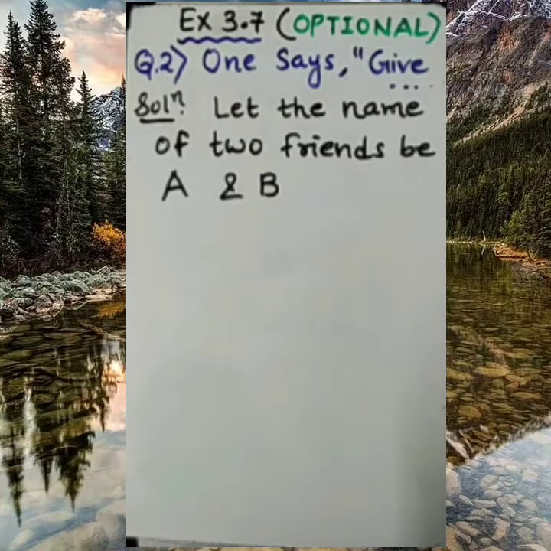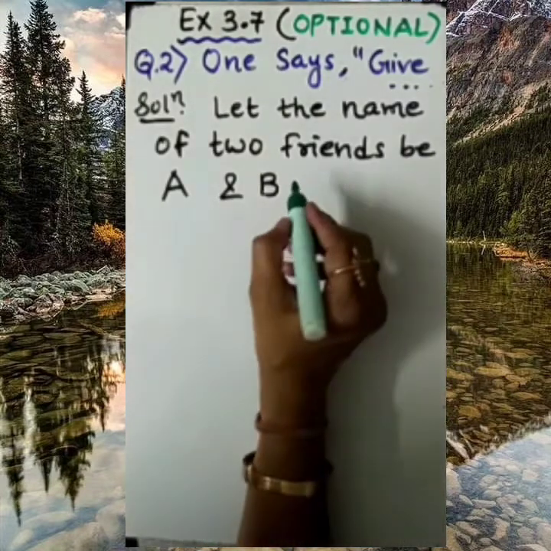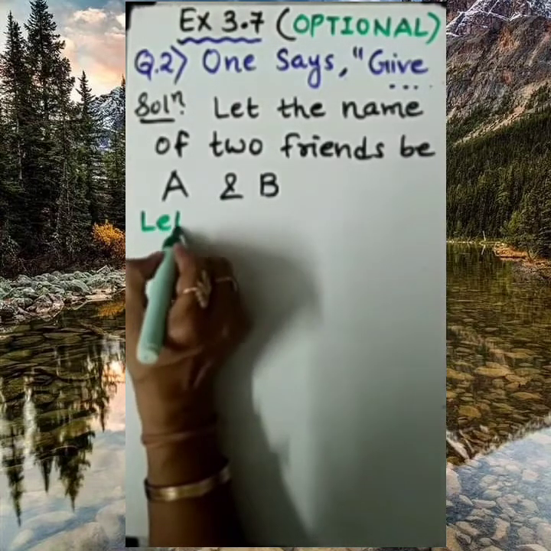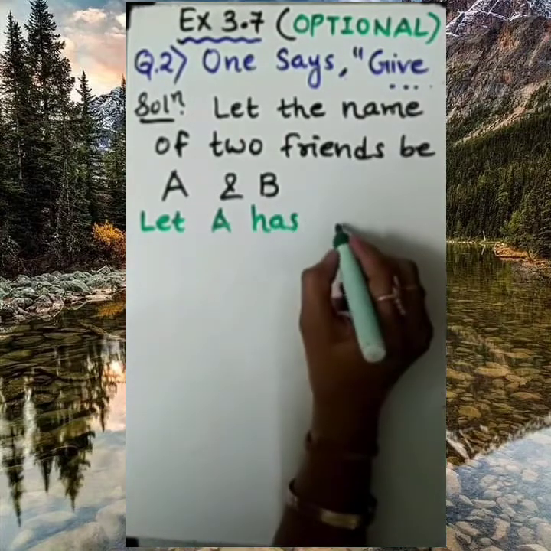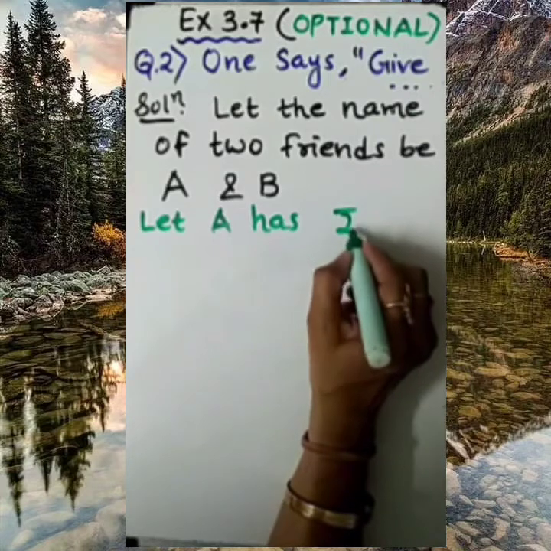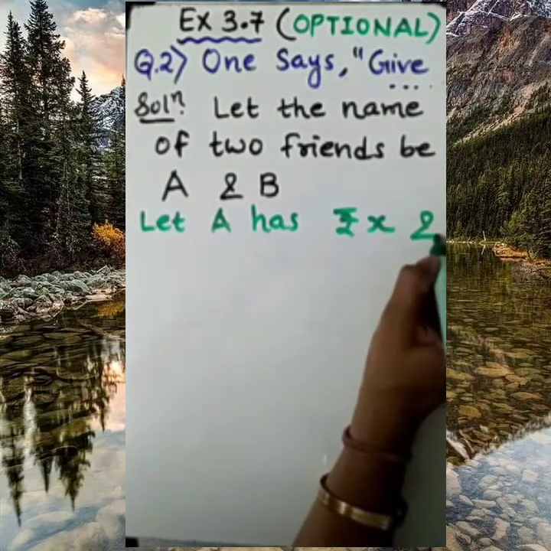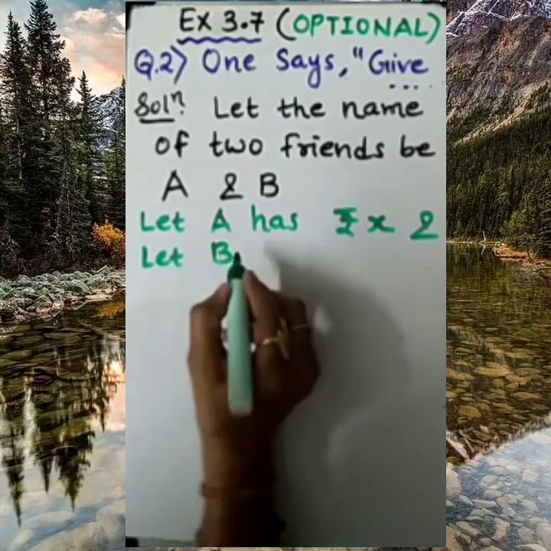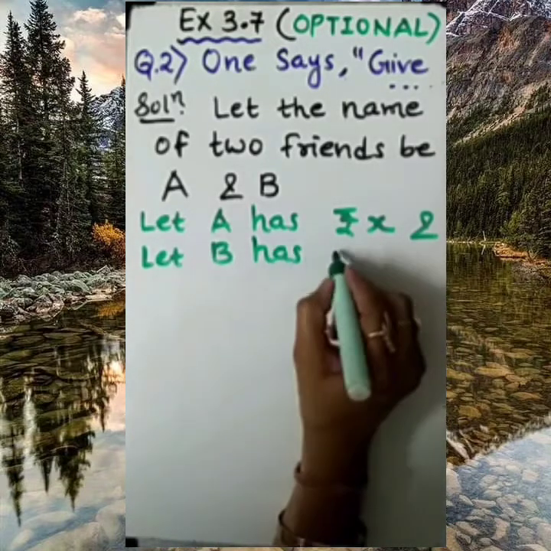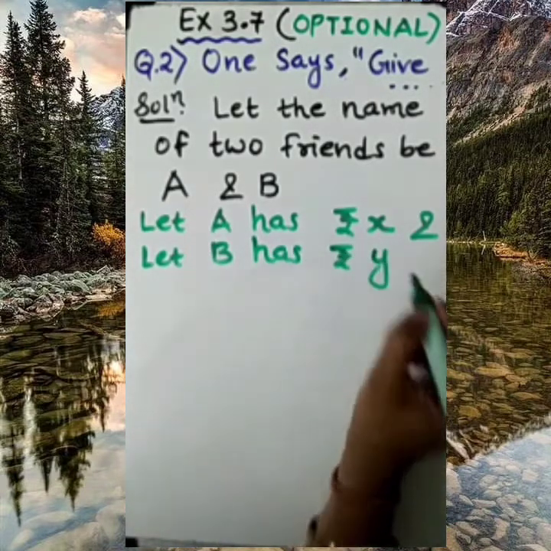So better we are taking A and B. Let A have rupees x with him, and let B have rupees y with him.